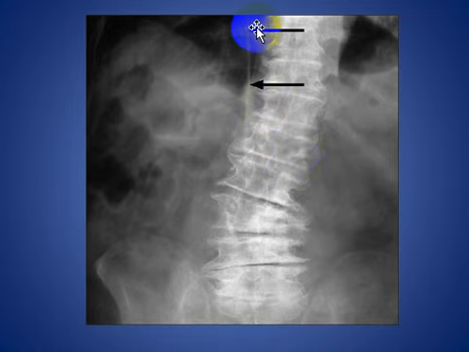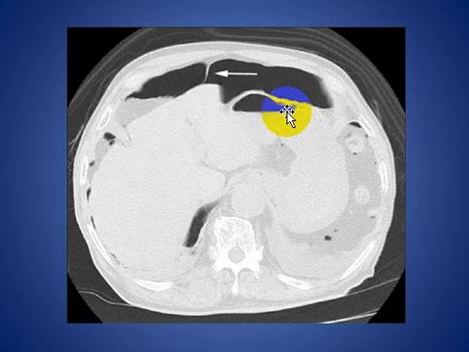Another patient with falciform ligament sign of pneumoperitoneum with scoliosis and that linear shadow parallel to the spine. And another patient on CT scan with falciform ligament sign with pneumoperitoneum.